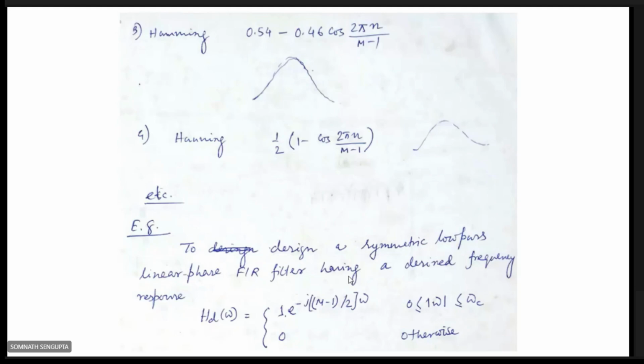Now, one example I have given is to design a symmetric low pass linear phase FIR filter having a desired frequency response HD omega, which is this. So this is your desired frequency response, and you have to create a filter that will have this frequency response.